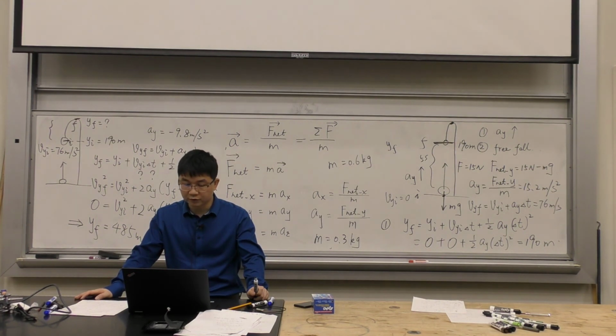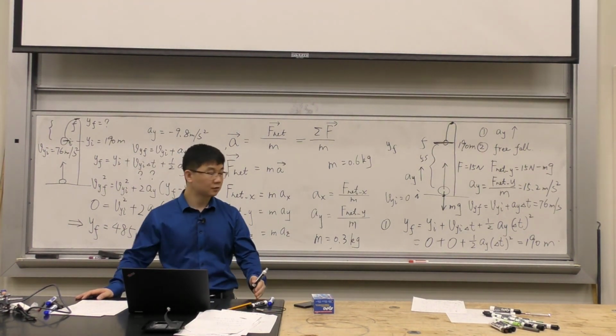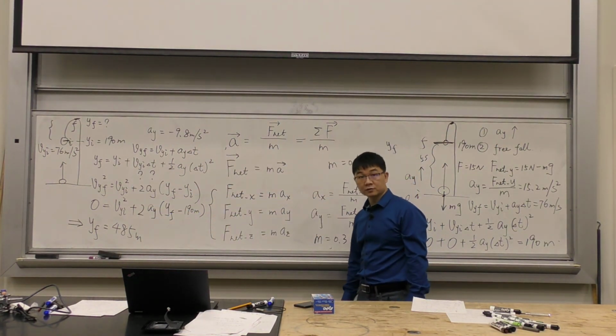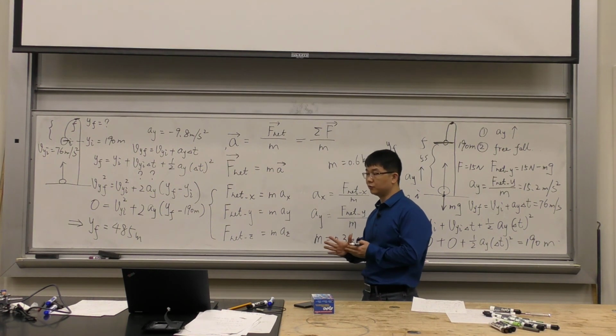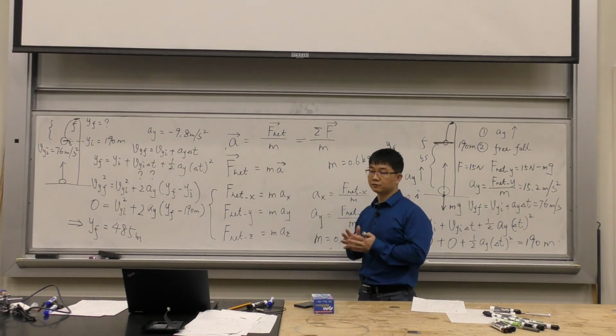So what we learned in this question is that you can combine Newton's second law with kinematic equations, because Newton's second law can help you find the acceleration from the forces. And then once you have the acceleration, you can go ahead and use kinematic equations.